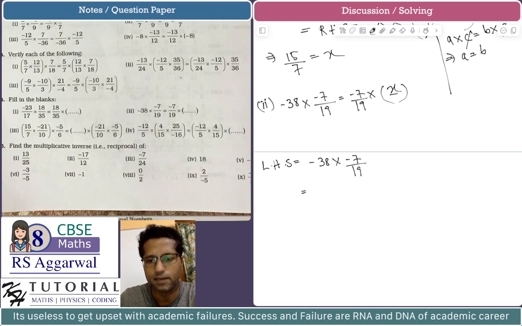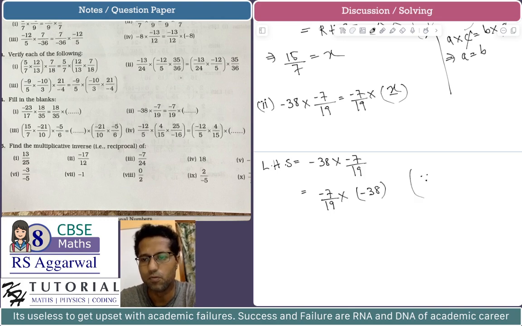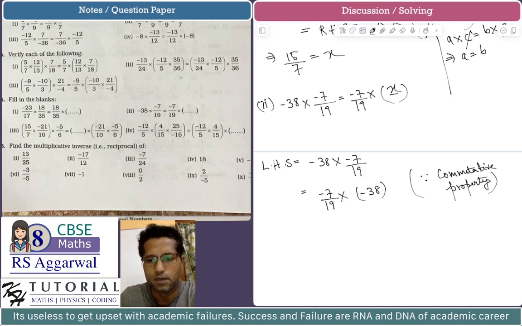This you can write as minus 7 by 19 multiplied by minus 38 using the commutative property of multiplication. So this is equal to RHS, which is minus 7 by 19 multiplied by x.